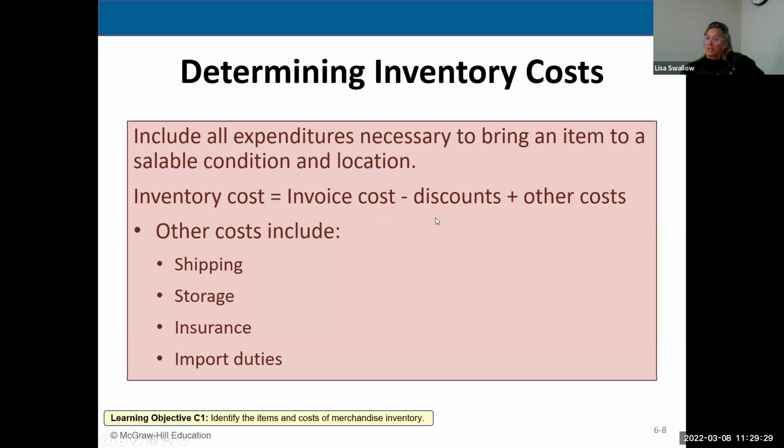Or I paid within the 10 days, so I got a discount on the invoice. But then there's a series of other costs that go into it. Well, like what? Well, we just saw shipping costs, storage when it possibly gets on site and I'm not able to move it quite yet. It needs to be stored. Insurance, import duties, anything like that also gets captured in the asset account of inventory.